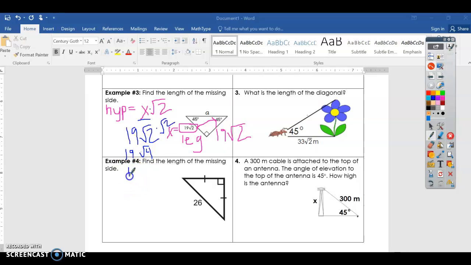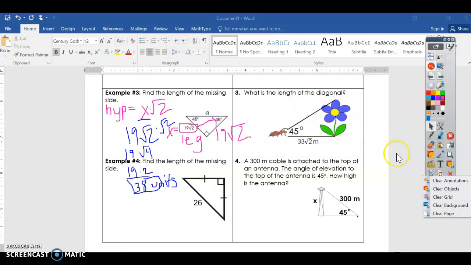And I know that the square root of 4 is 2. So 19 times 2 is 38. So that means my hypotenuse is 38 units long. Since it doesn't tell me anything about my units, I'm just going to call it 38 units.